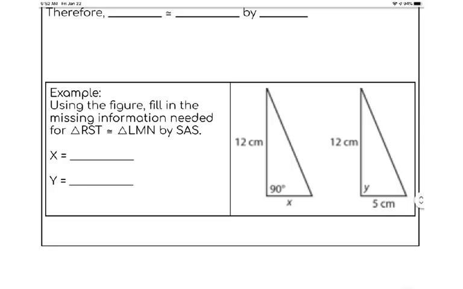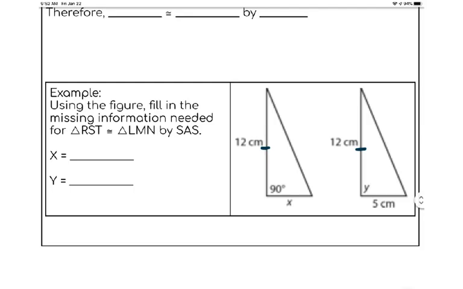Okay, so at this point you should have already worked this problem, but I'm going to go ahead and work it out as well. So using the figure, fill in the missing information needed in order for these to be congruent. So if we're proving SAS, we are going to need a side that is congruent, which we have, the first side. It tells us that both of those are 12 centimeters.